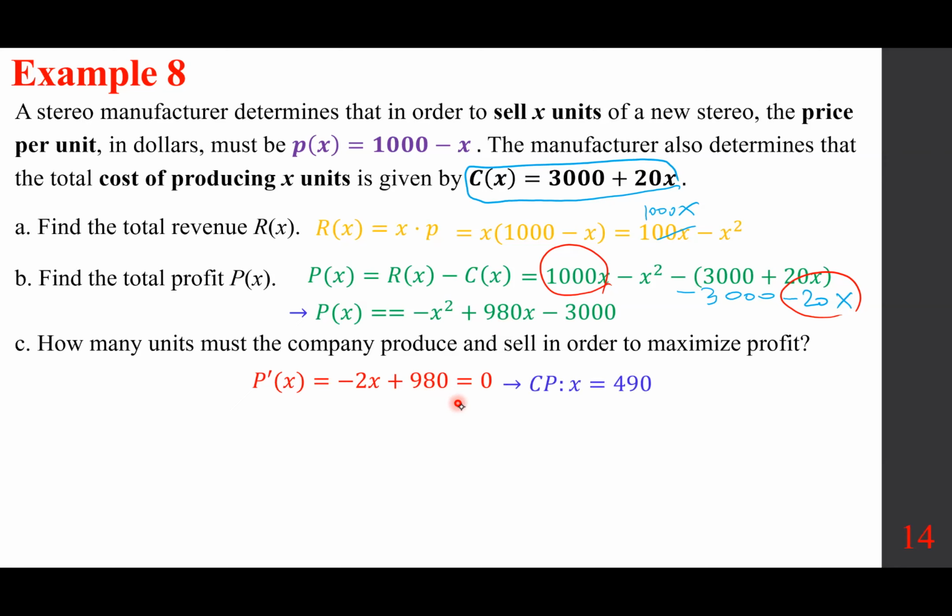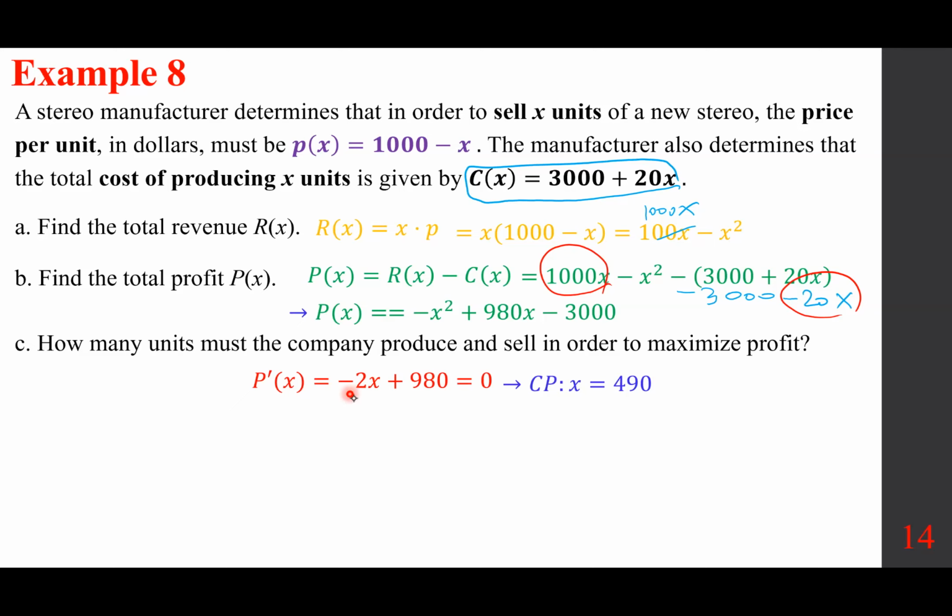Now notice we are producing more than 0. So in essence, the domain is 0 to infinity. And we have only one critical point, although you can always plug in 0 if you think 0 is feasible, and it could be. So x equals 490. Is this going to maximize or minimize? We are going to do the second derivative test.